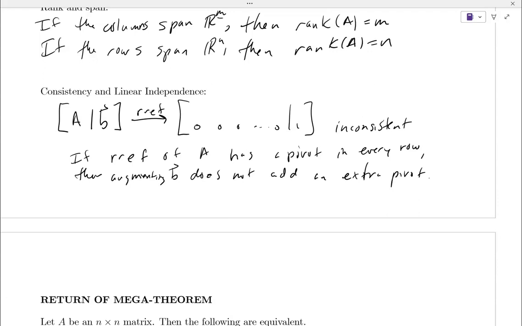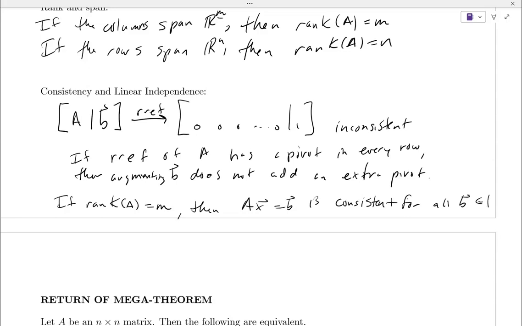Okay, I don't get an extra pivot by doing that. So what that means is that if the rank of A is M, then the system AX equals B is consistent for all B, and that B would be in R^M.